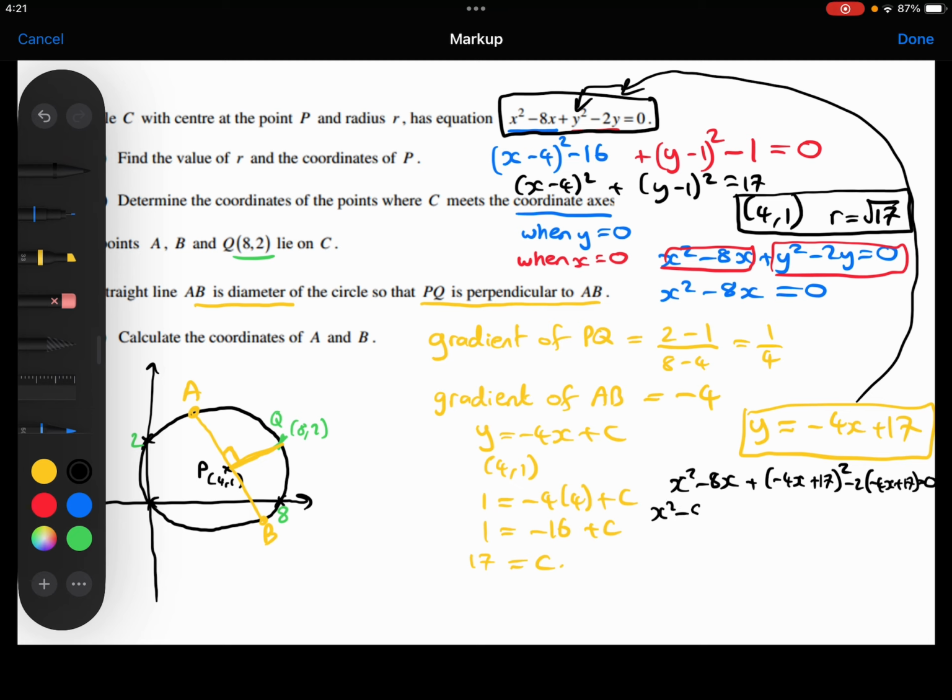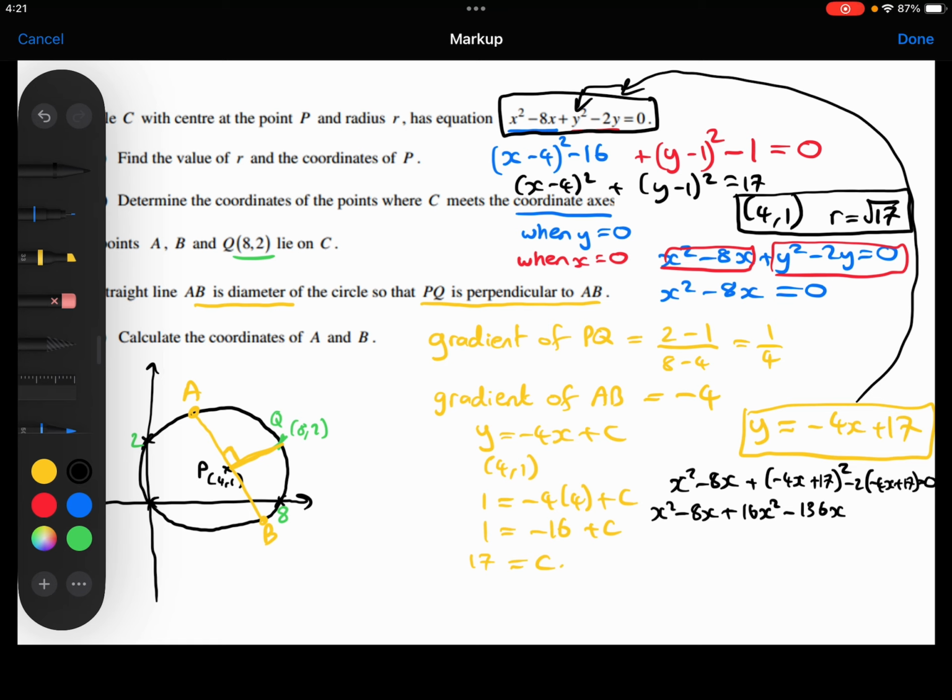Right, being careful when I'm expanding those brackets. Then I've got the -4x squared, which is going to become a plus 16x squared. The -4x times 17 is -68, and then double that, so we've got -136x.